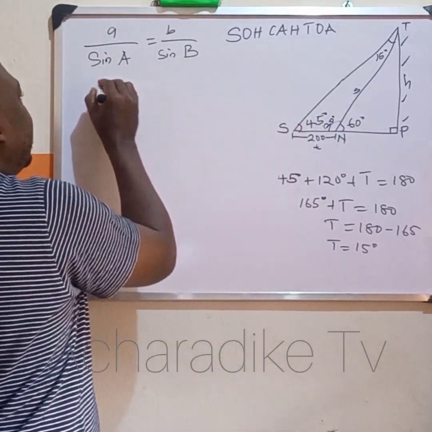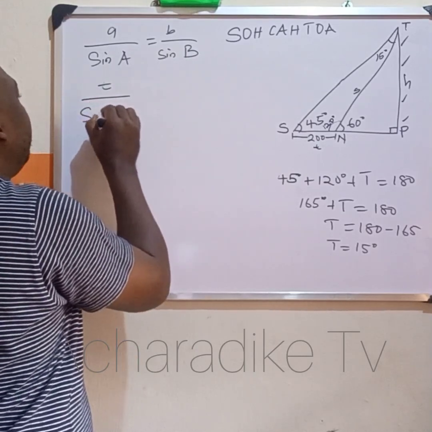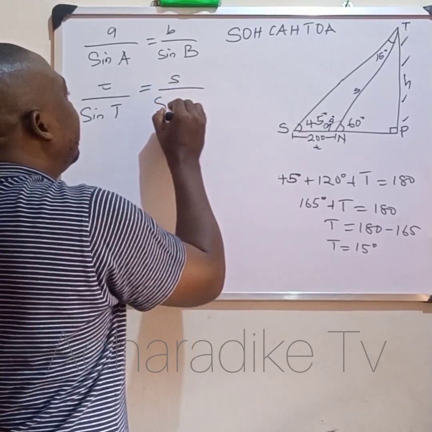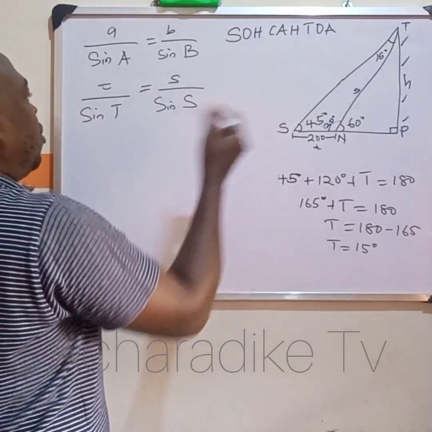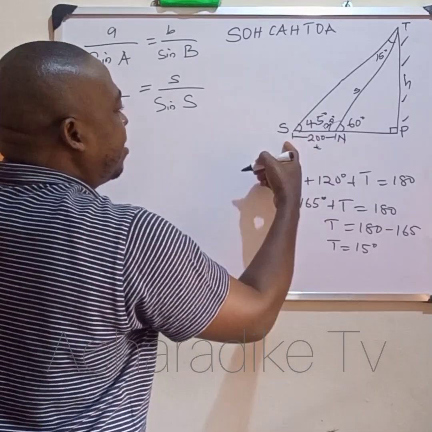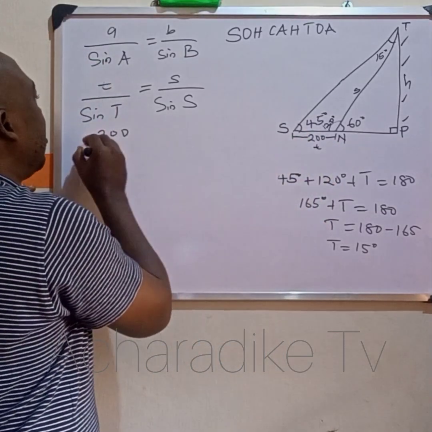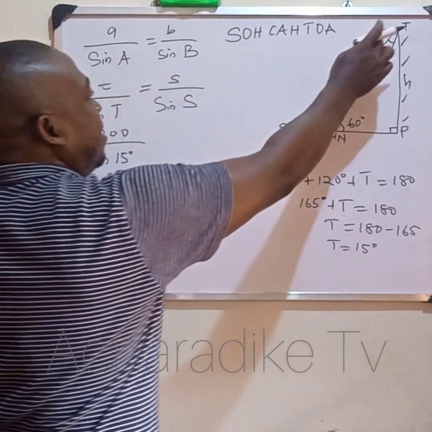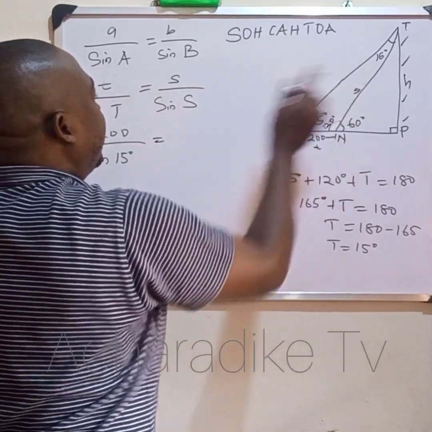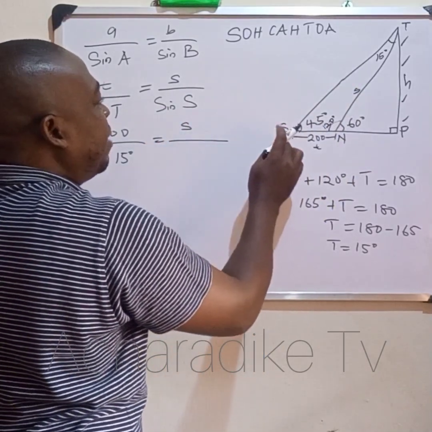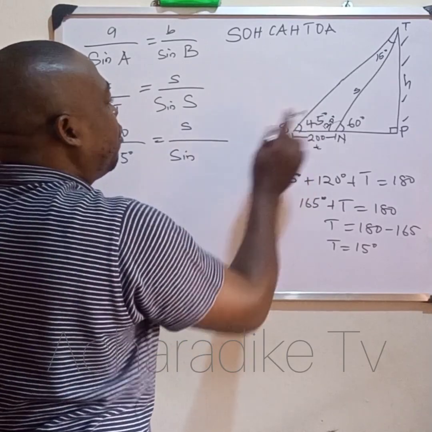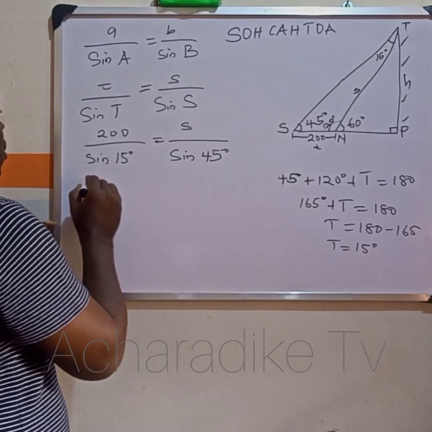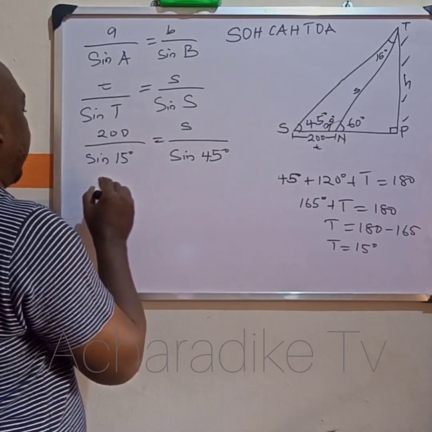So it means that small t all over sine big T is equal to small s all over sine big S. So substituting the values, small t here is this distance, 200. 200 all over sine 15 degrees, that is this T, is equal to small s, what we are looking for, all over sine big S. Big S is 45 degrees. Good. At this point, we cross multiply to find our s.